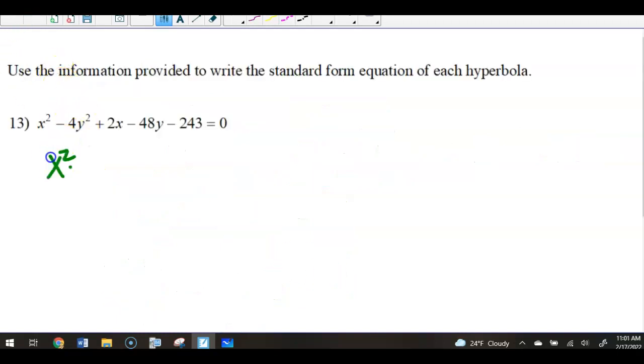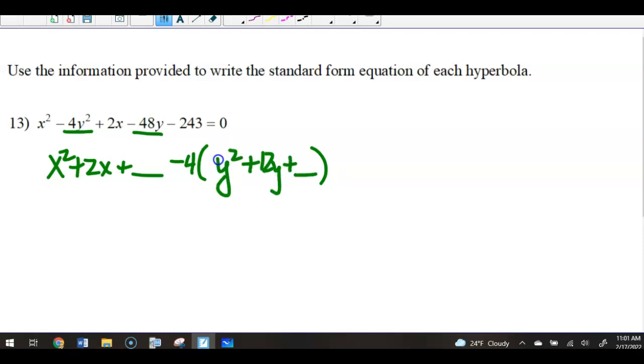Do this one quick. X squared plus 2x plus, I put the blank there. There was nothing to pull out. Over here, I'm going to do a -4. I'm going to pull that out of this parenthesis or factor it out. If I take out a -4 on the 2y terms here and here, I'll end up with a y squared and a plus 12y equals, and I'm adding 243 over to the other side.